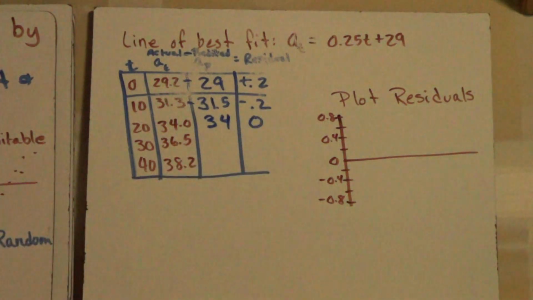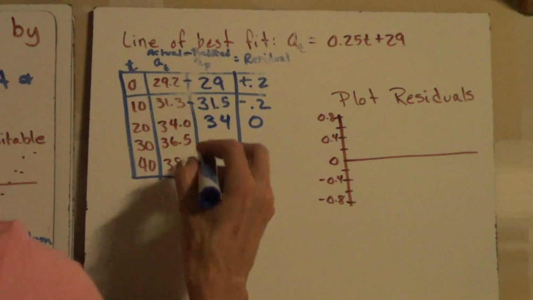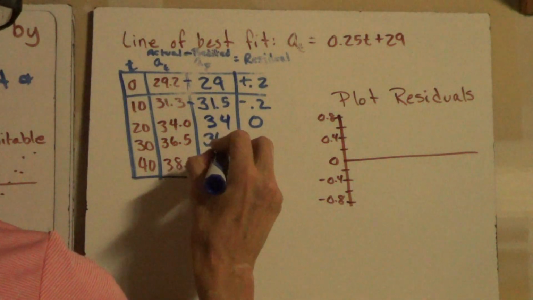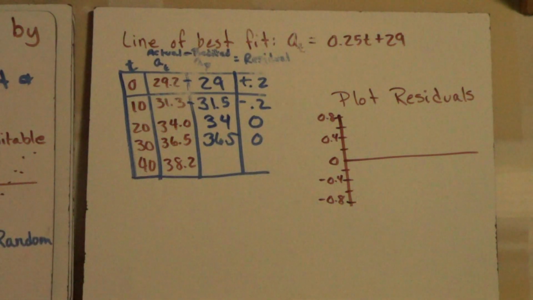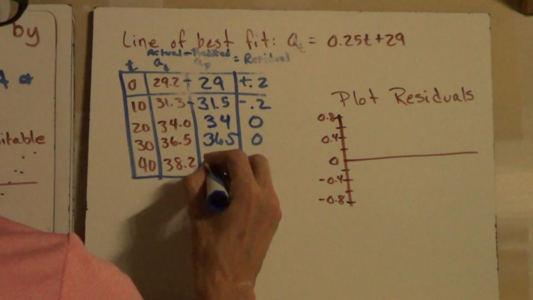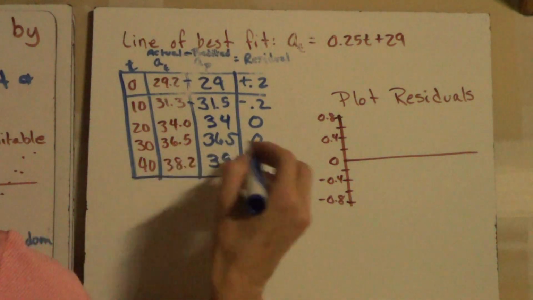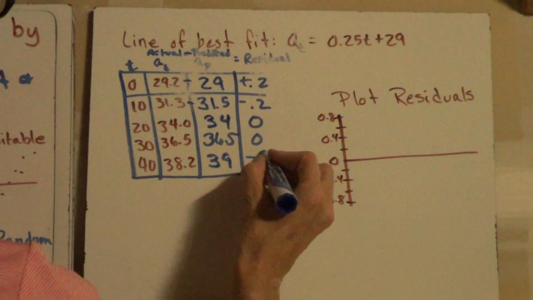We have a 0 there. 30 times 0.25 plus 29 equals 36.5. Another 0. And 40 times 0.25 plus 29 equals 39. So here we have a negative 0.8.